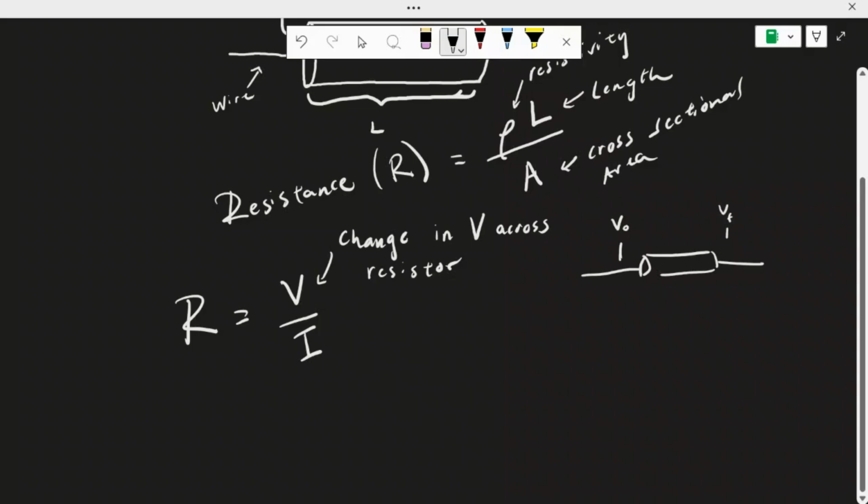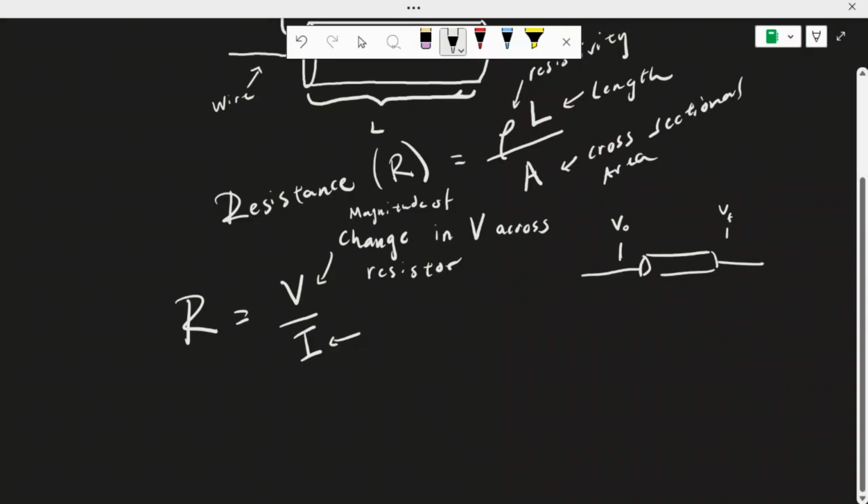And technically this would be the voltage drop, or the magnitude of the change in voltage. Since we expect V final to be lower than V initial, we would get a negative number here. But if we just want the magnitude, then we just get rid of the negative sign.